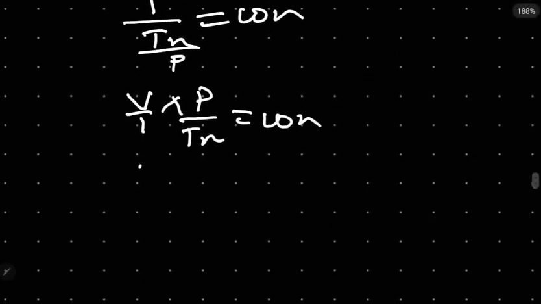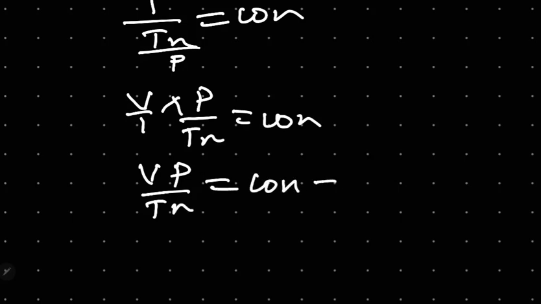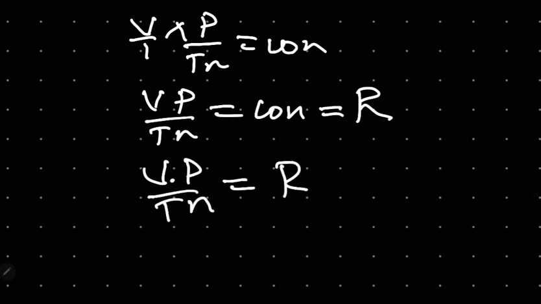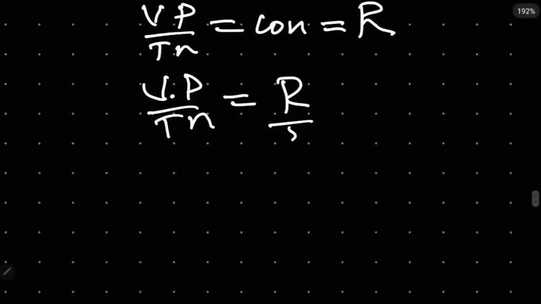This means V times pressure over T times N must be a constant. This constant is called the universal ideal gas constant, denoted by R. So V times P over temperature in Kelvin times number of moles is equal to the universal ideal gas constant R.